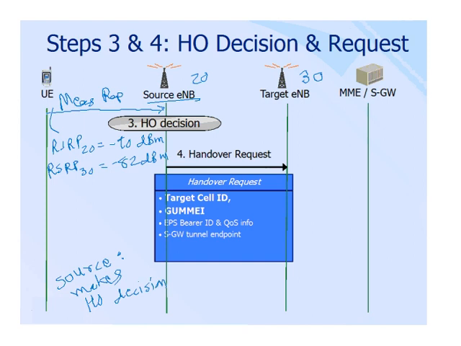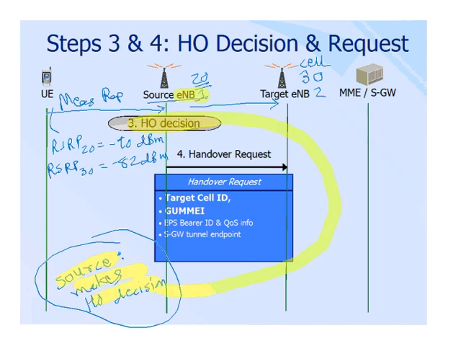So if you go from cell number 20, that is controlled by, let's say, base station 1, to cell number 30, that is controlled by E node B2, then you are moving in this direction, E node B1 to E node B2. So the source is this base station 1. That guy will make the handover decision.